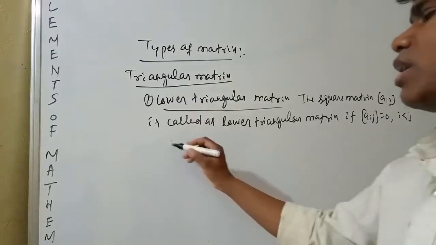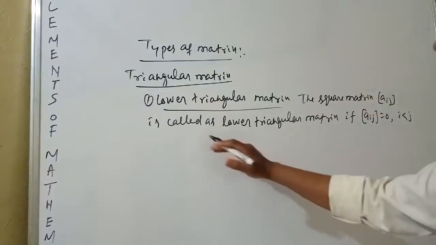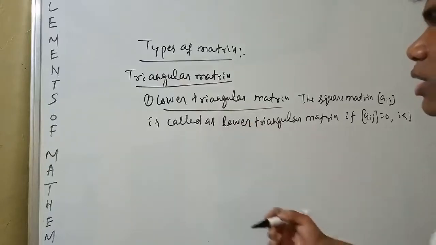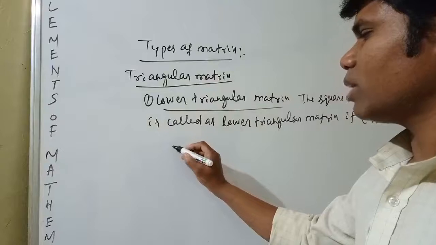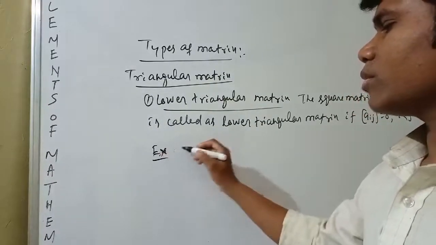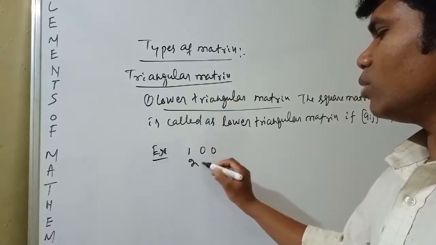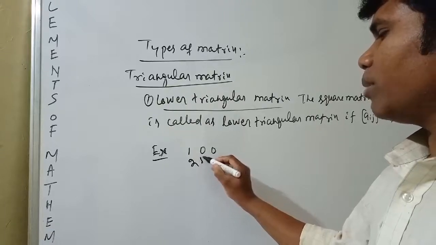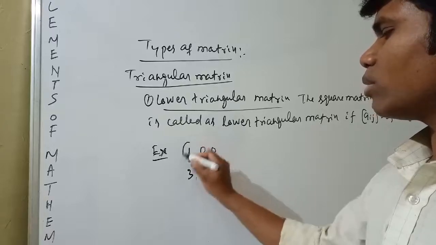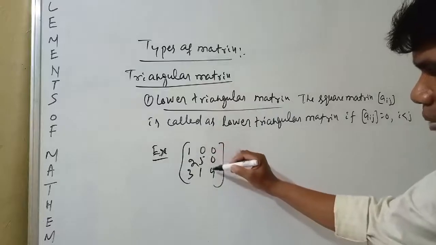That means the upper part of the diagonal elements are 0. For example, 1 0 0, 2 5 0, 3 1 4. This is a lower triangular matrix. This is the leading diagonal 1 5 4.